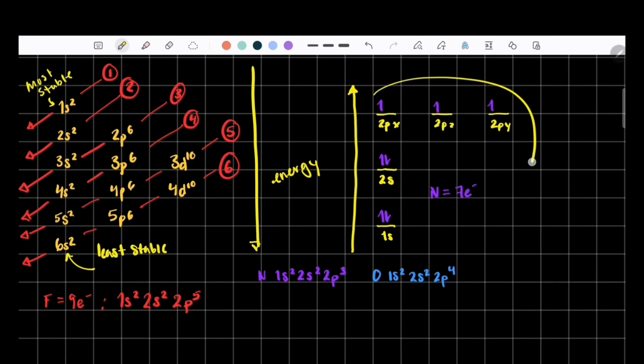And when you do draw these diagrams, this can help you understand how many valence electrons some molecules will have. Let's look at nitrogen here. A rule of thumb in organic chemistry is something called the HONC rule, which is how many lone pairs an atom's going to have and how many bonds an atom's going to make for it to be the most stable, right?